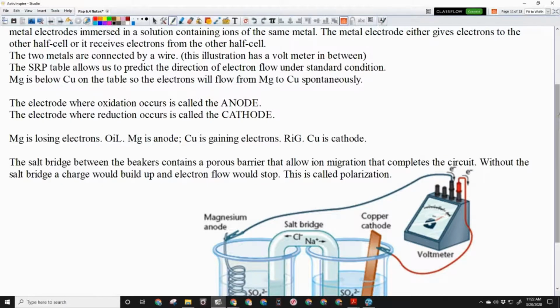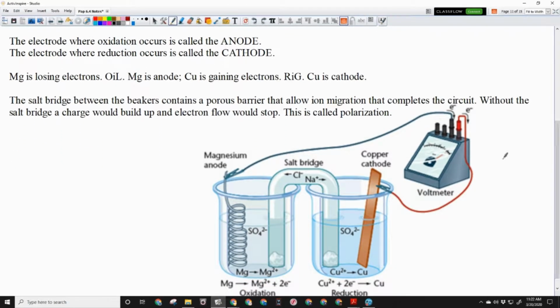All right. So in an electrochemical cell, a voltaic cell, you have two beakers that have solutions in them. You have two wires in these beakers, and they have to be different types of metal plates or metal probes or electrodes. Dissolved in the solution has to be the same type of ion as the metal. So if this is a piece of magnesium metal, then you have to have a solution that contains magnesium ions.